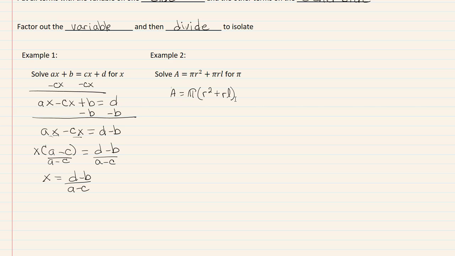I don't want the r squared plus the rl, so I'm going to divide by that. And I'm going to get A over r squared plus rl equals my pi.